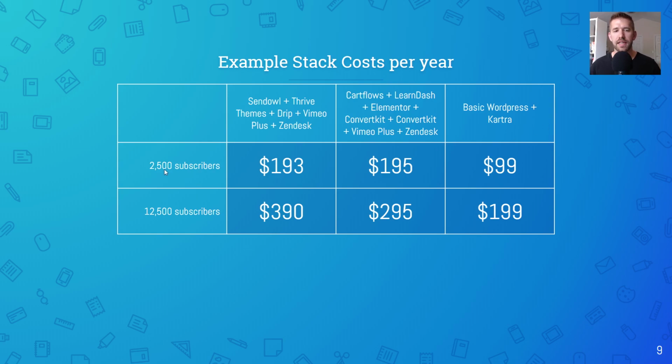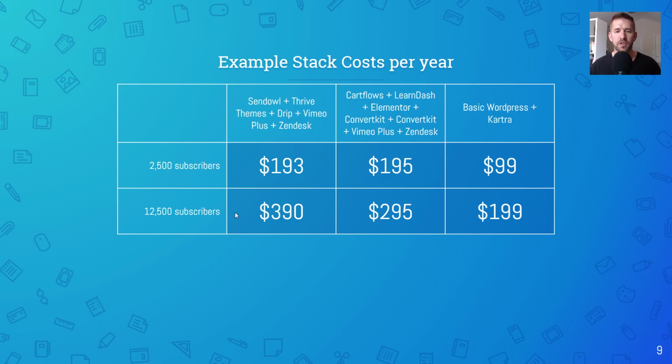So when you're looking at this, I've got 2 different levels of subscribers, because as the subscriber count goes up, generally that's the most expensive anchor point that increases or decreases your cost. So on the Thrive side, at 2,500 subscribers, you're looking at about $200 per month. Very similar on the Elementor and LearnDash, and you're about $100 cheaper by going on the Kartra route for that all-in-one side.